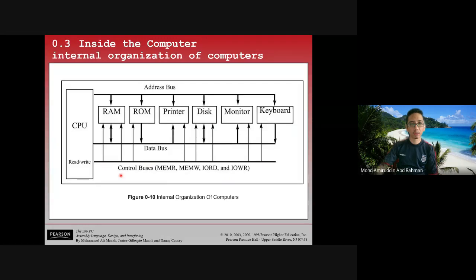All of the address bus must be connected from the CPU to all of the devices. But for the data bus, it depends on whether you want it to be input or output.